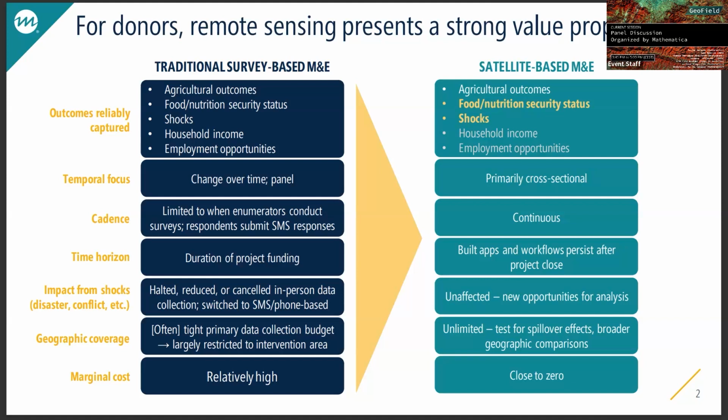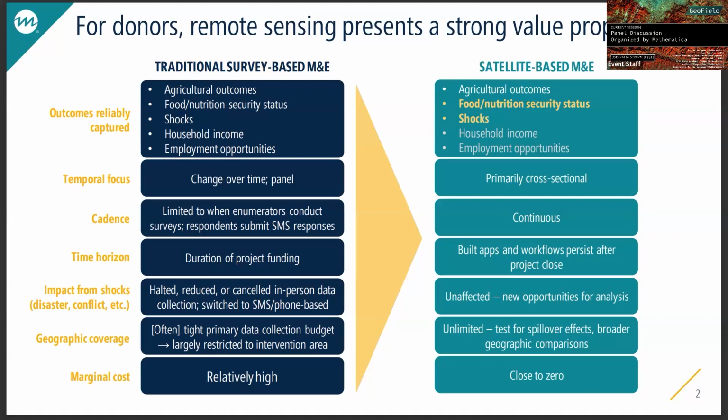But if you have an intervention which is diffuse, not specific to clusters, then you're not going to be able to use satellite imagery for detecting households that are beneficiaries from households that did not receive a set of services. So there are going to be some outcomes which require the continuation of in-person data collection or SMS-based data collection.